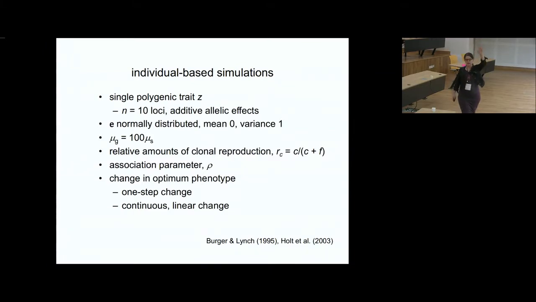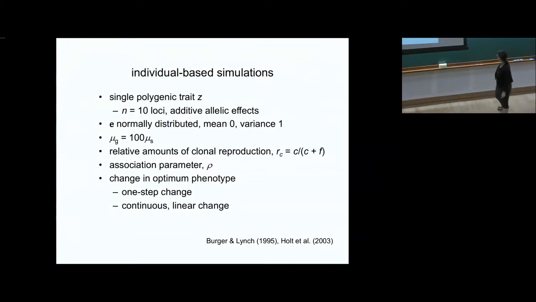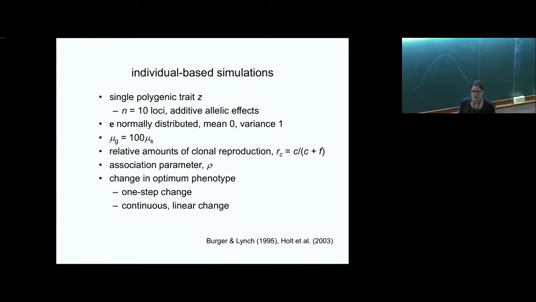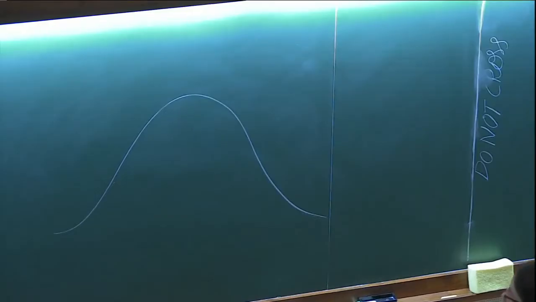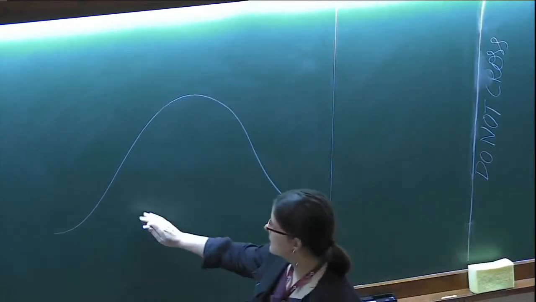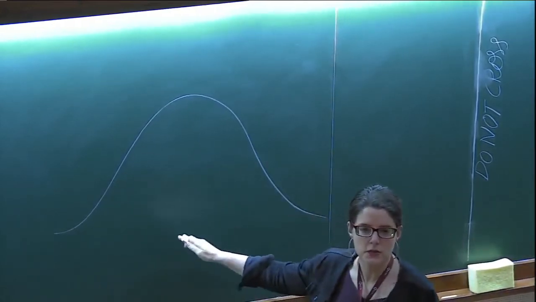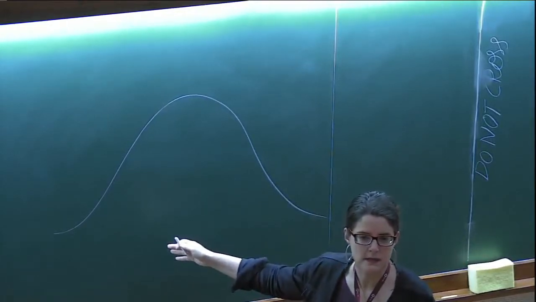Let me go back to this thing about epistasis. There's no epistasis built into the loci, but if you have a Gaussian fitness function, as we talked about just today, having curvature in the fitness function immediately introduces epistasis for fitness, right?